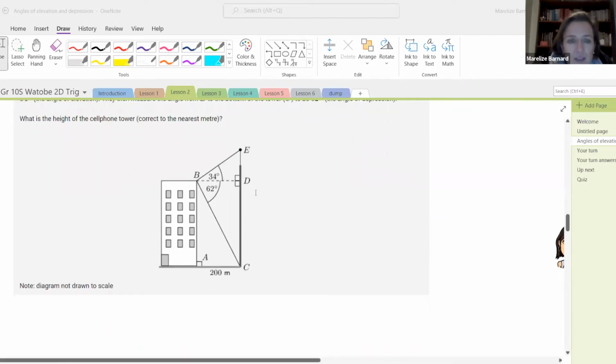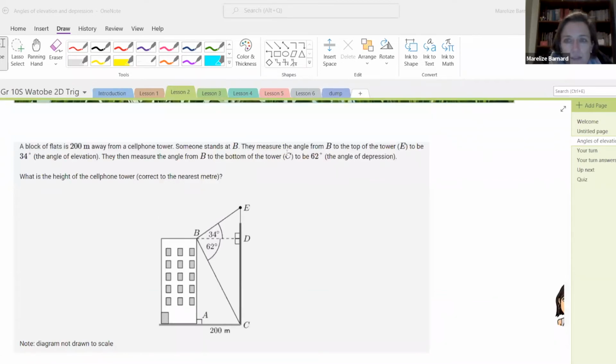Okay, so where are we going to start with this? I'm going to give you just another 20 seconds to read the question carefully and to study the diagram, just to wrap your head around the question.